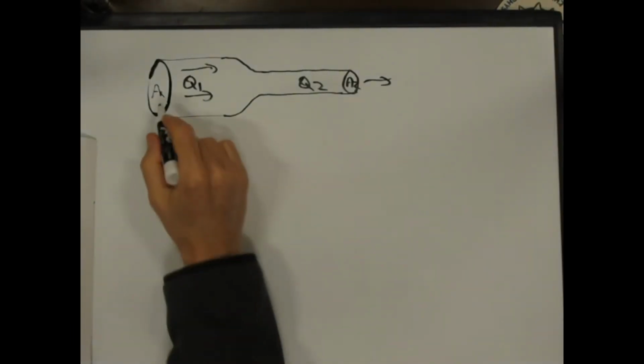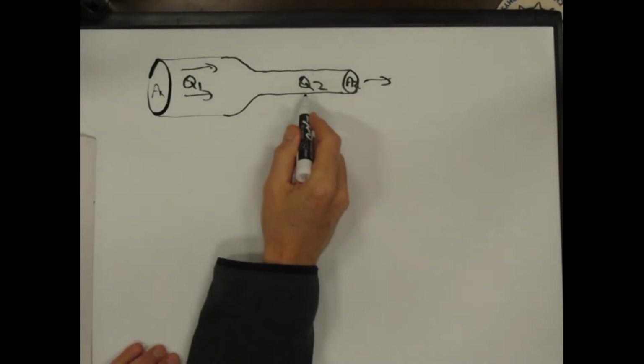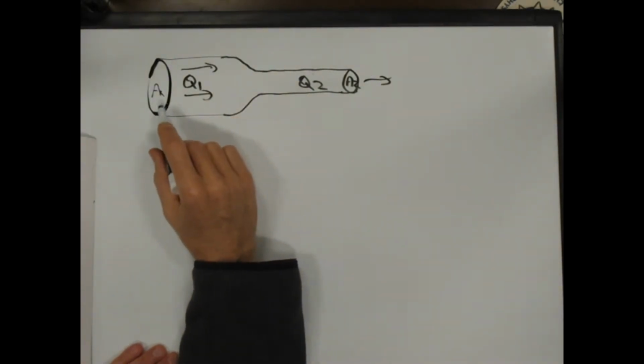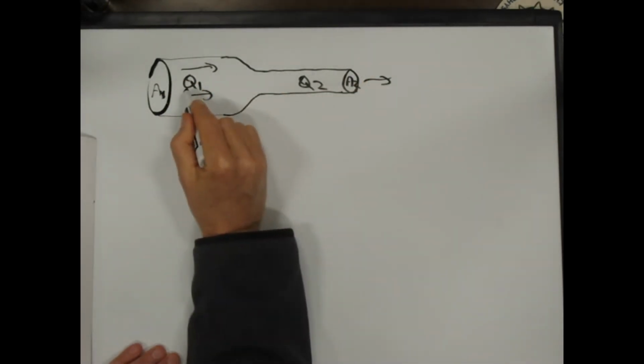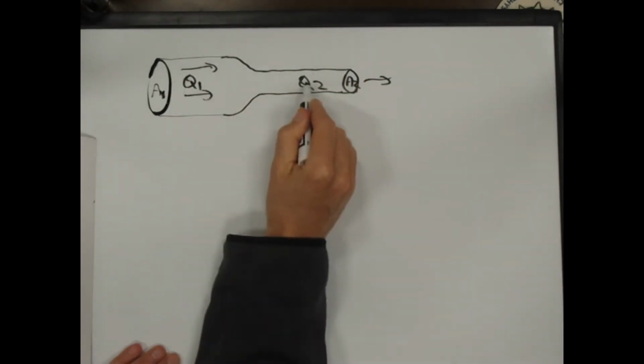So imagine now that I have a pipe that has a narrowing in it, right? And so I can say, look, this is area 1, and this is area 2, and this is flow rate 1, and this is flow rate 2, right?